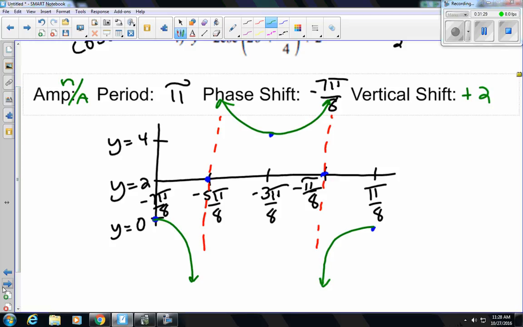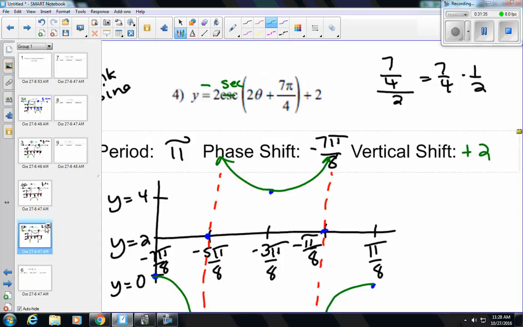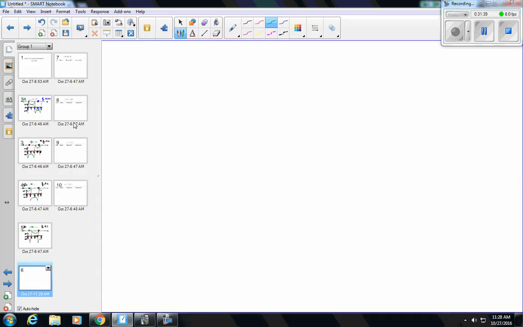I sure can. As a matter of fact, let me do this. Okay. So Haley wants formulas. You want formulas for finding period and phase shift? How about if I started out like this?